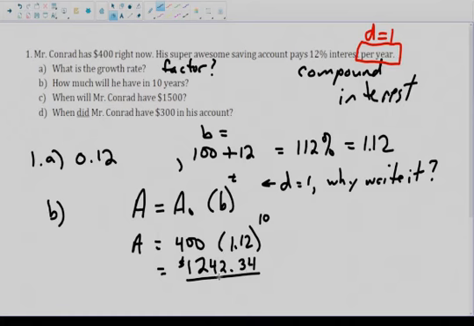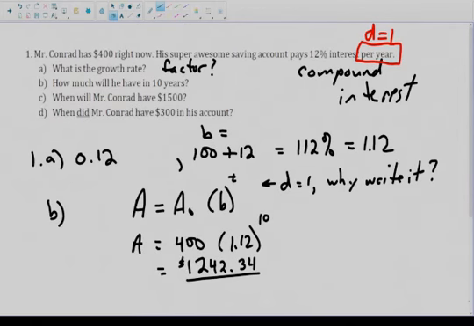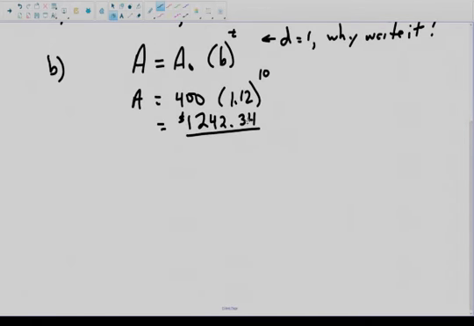Yes, it's a money value, okay? But technically speaking, your final answer can't be more precise than any of the numbers you used in the original question. So technically speaking, because 12% only has 2 digits, I can't write this to this much precision.